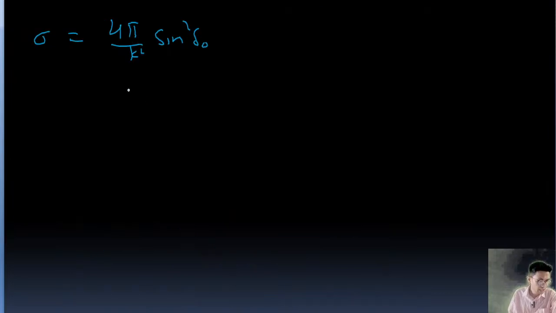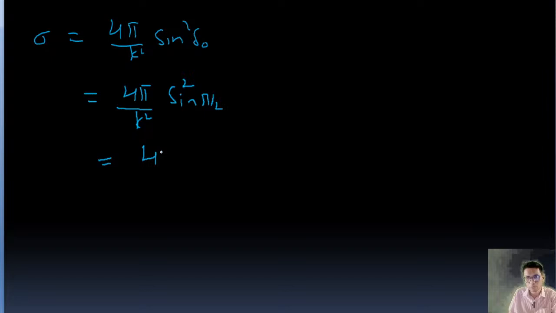Okay, so here the phase shift delta naught is given, that is sine of pi by 2, whole square, right? And this value is 1, so this is going to be 4 pi upon k square.